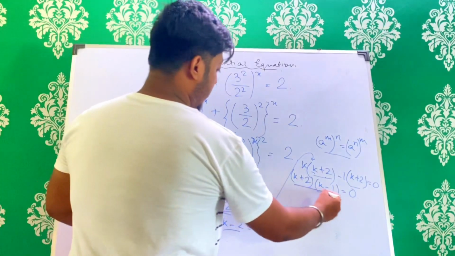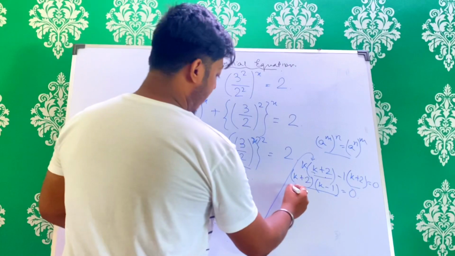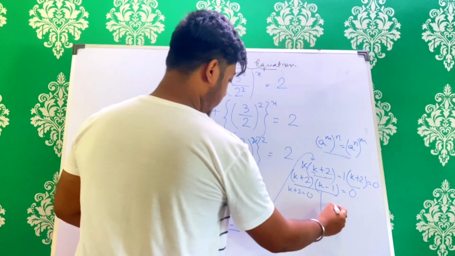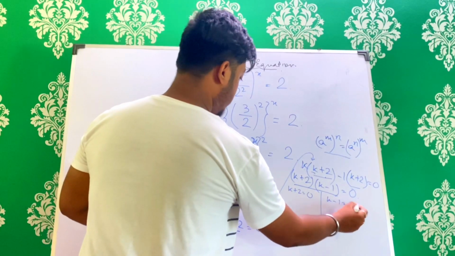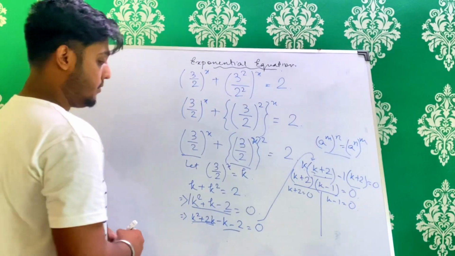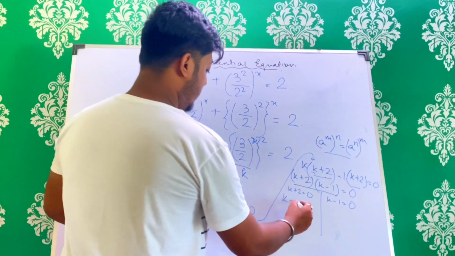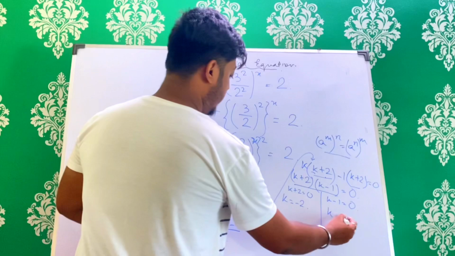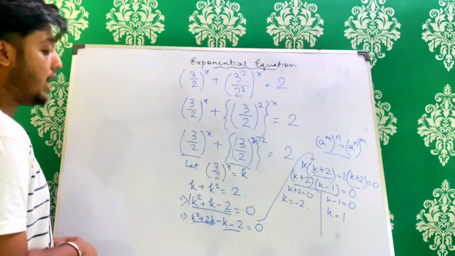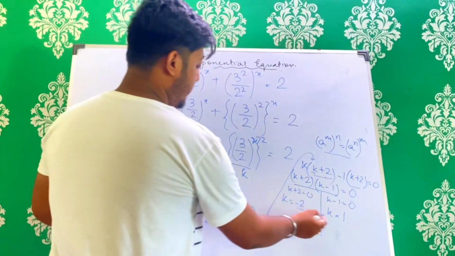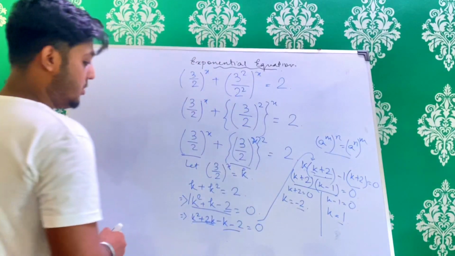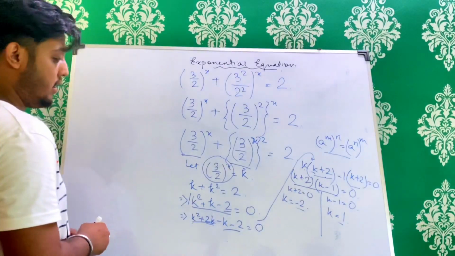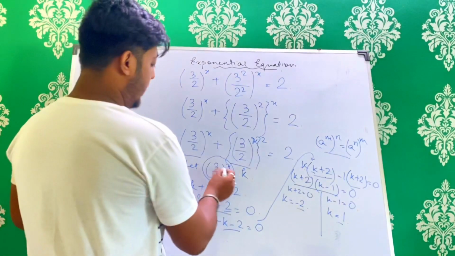So from here we know either k plus 2 equals 0 or k minus 1 equals 0. So here k would be minus 2 and here k would be 1. Now we will put these values and try to find the value of x here.